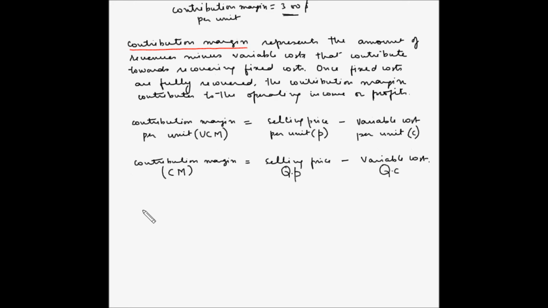We can also say that the total contribution margin is equal to the unit contribution margin, or contribution margin per unit, multiplied by the number of units sold.